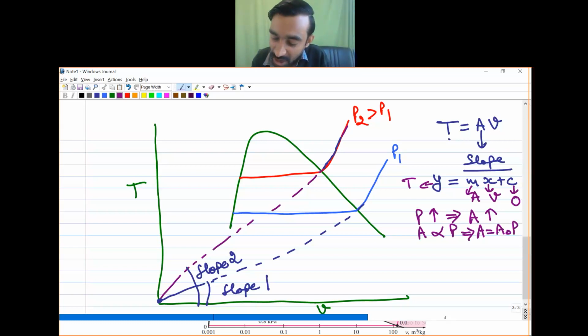Now if I substitute this expression of A into my main equation, I find that T equals A naught into PV, and finally PV equals 1 by A naught into T.